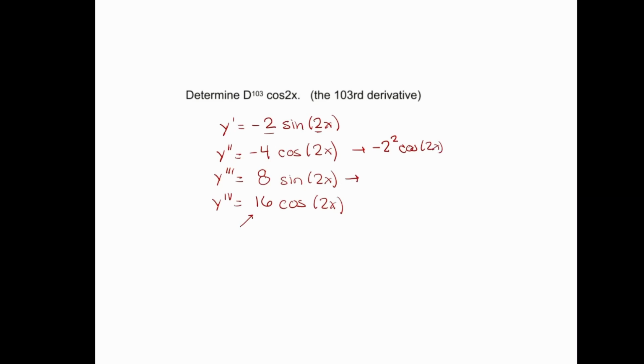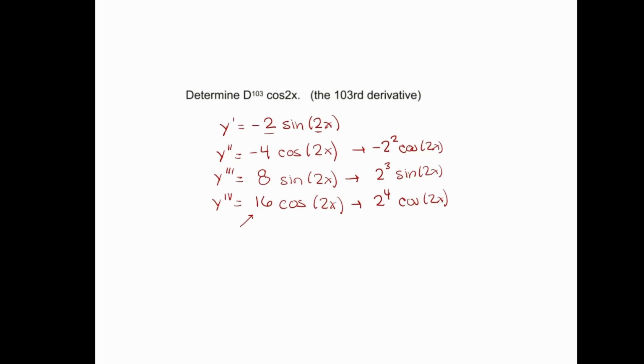Our third derivative, 8 expressed as a power to the base of 2, is 2 cubed sine 2x. 16 is 2 to the power of 4 cos 2x. Are you starting to see a pattern here? So our fourth derivative, 2 to the power of 4 cos 2x, we now are back to our original function.